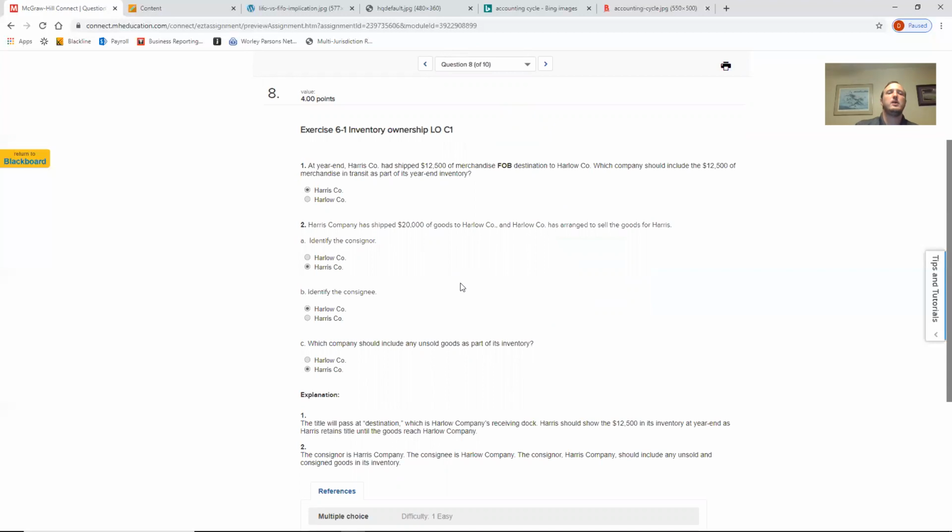Okay, here we're talking about FOB. So remember on inventory, we just stated that we're able to add to inventory cost everything: the cost of the inventory and everything that requires it to get to our store ready for sale.